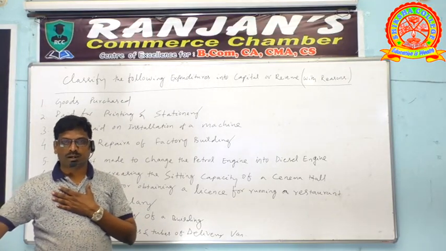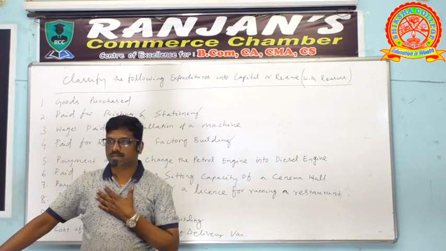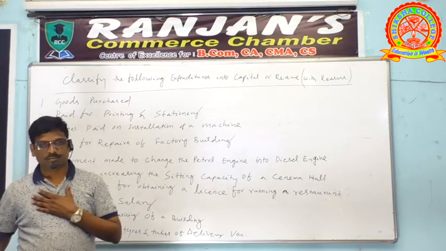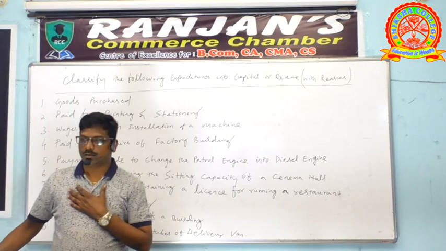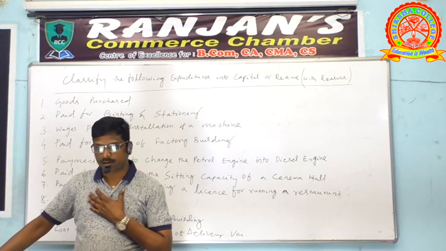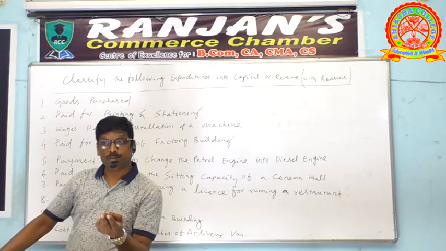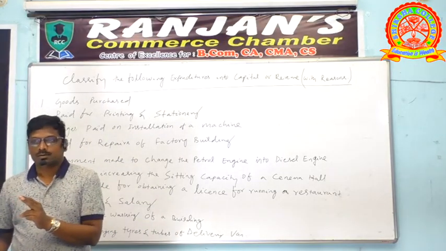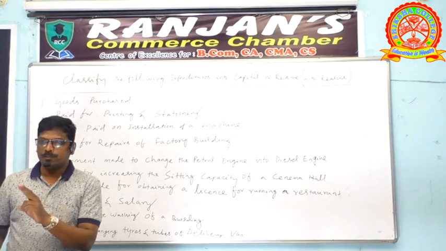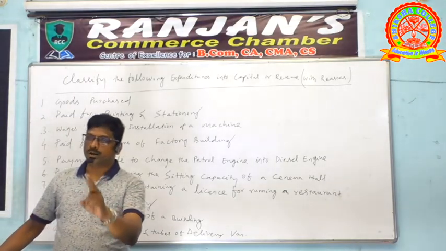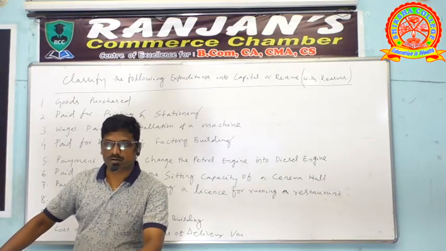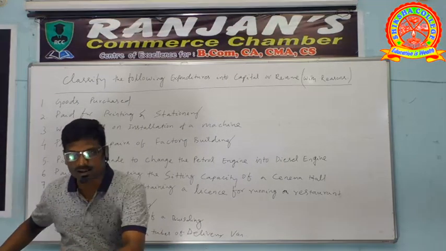Because for every businessman, investment is a vital factor. Every businessman will go for less investment, more benefit. From that point of view, I will suggest going for replacement of the petrol driven engine by a diesel driven engine.